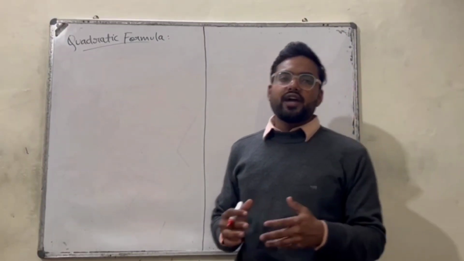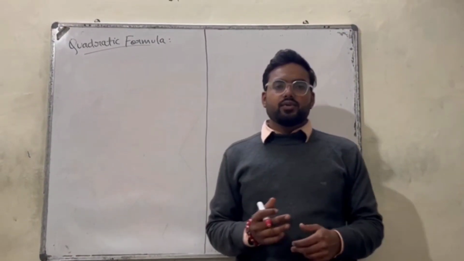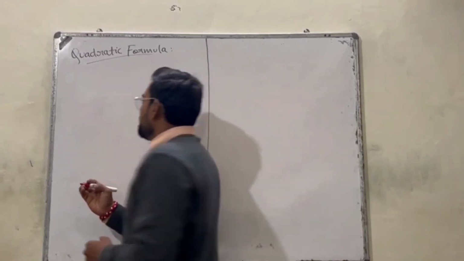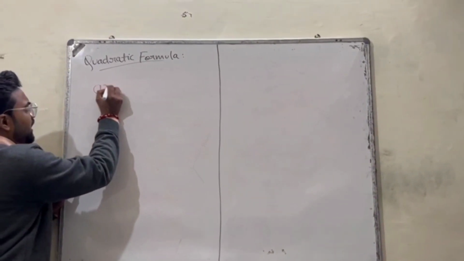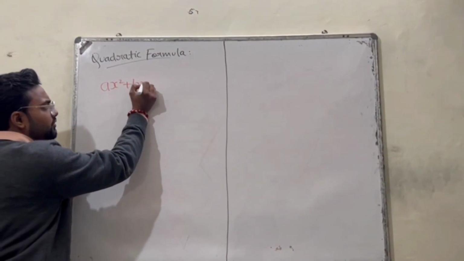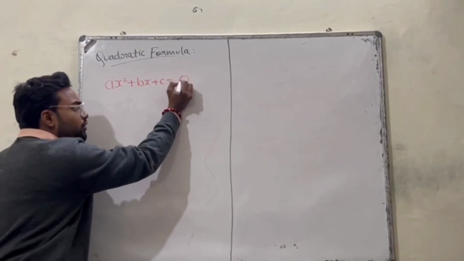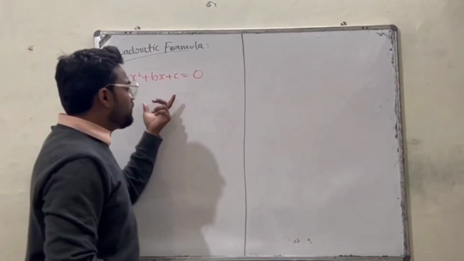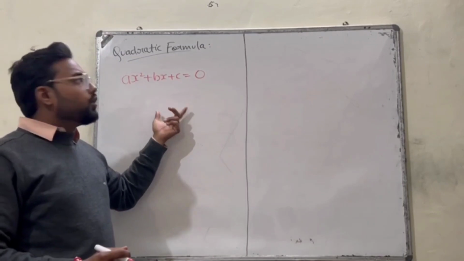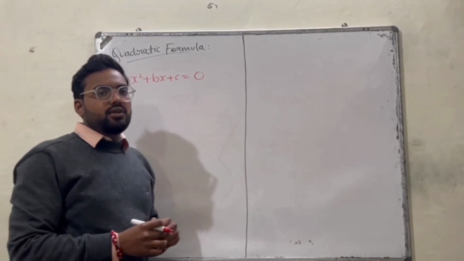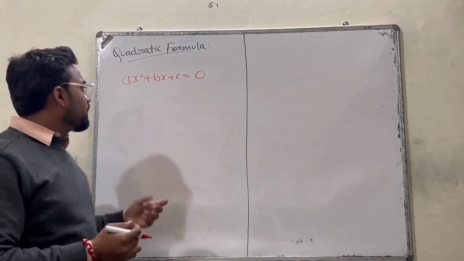Now we are going to find the roots of the quadratic equation. Okay, so let our quadratic equation be ax square plus bx plus c is equal to 0. To find the roots of this equation, we use the quadratic formula named Sridharacharya formula. See how?